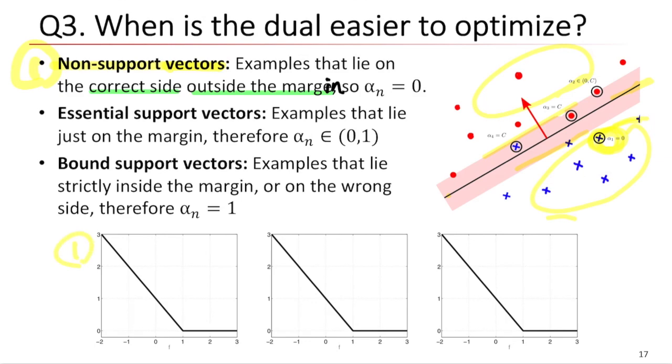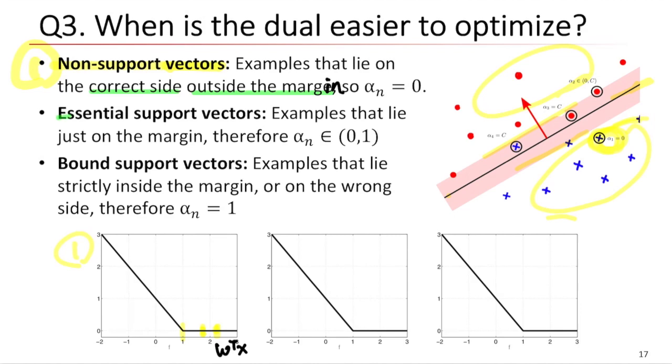So what does it mean? In this case, this non-support vector makes some value here. Let's say this is the W transpose X, something like this. So in other words, these values don't contribute to the loss function because this is only 0. So yeah, this is a non-support vector case.